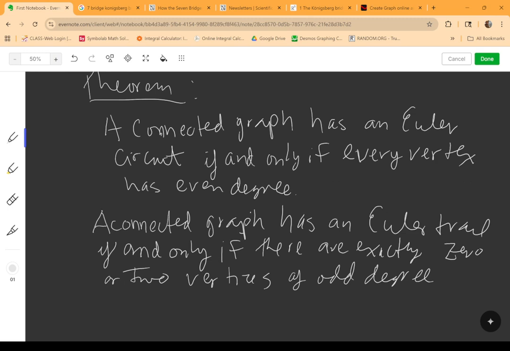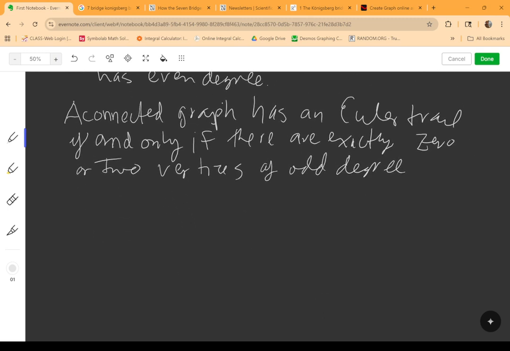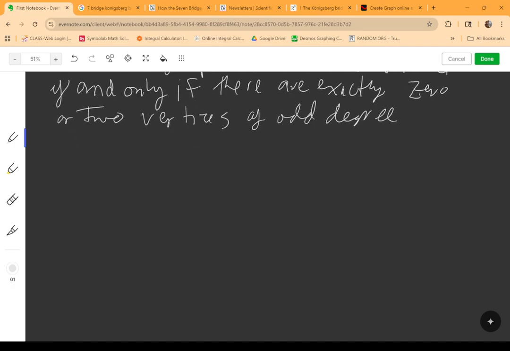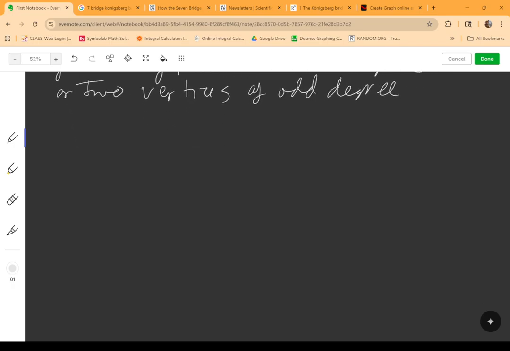Okay. All right, let's take a look. Here's some graphs, these are from our textbook.